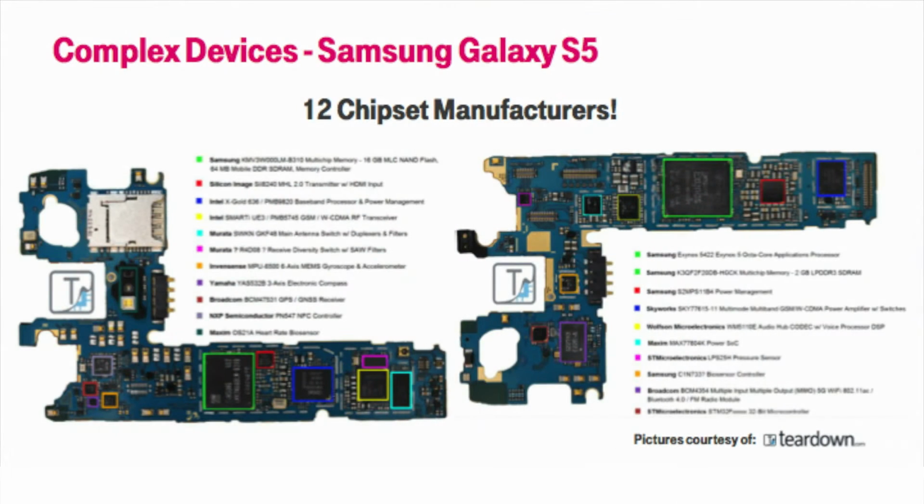Thing is, we're talking about 12 chipset manufacturers with this one device. Each one of those introduce opportunity for vulnerabilities to be discovered. The question is, what are their development practices for each of those chipset manufacturers? Are they following good development practices? When a vulnerability is discovered, how do you, as the end user, get notified that there was a vulnerability in the GPS? So this is extremely complex.